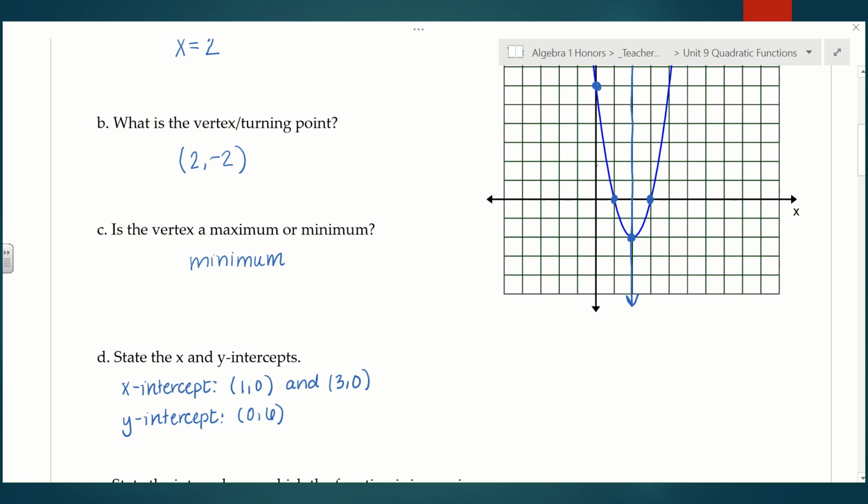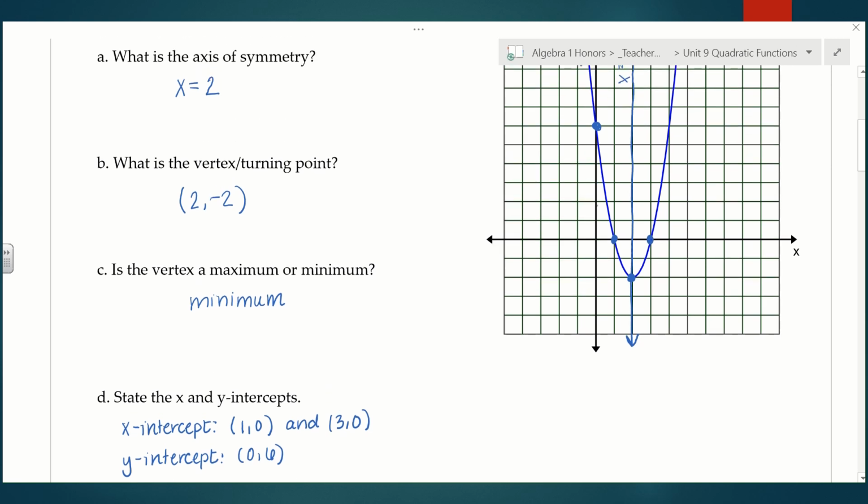You're going to notice that a lot of times parabolas will have 2 x-intercepts. Not always. If the vertex happens to be on the x-axis, then there will only be 1 x-intercept. But most of the time, we'll see 2. What that means is that there are actually 2 solutions to the quadratic equation.